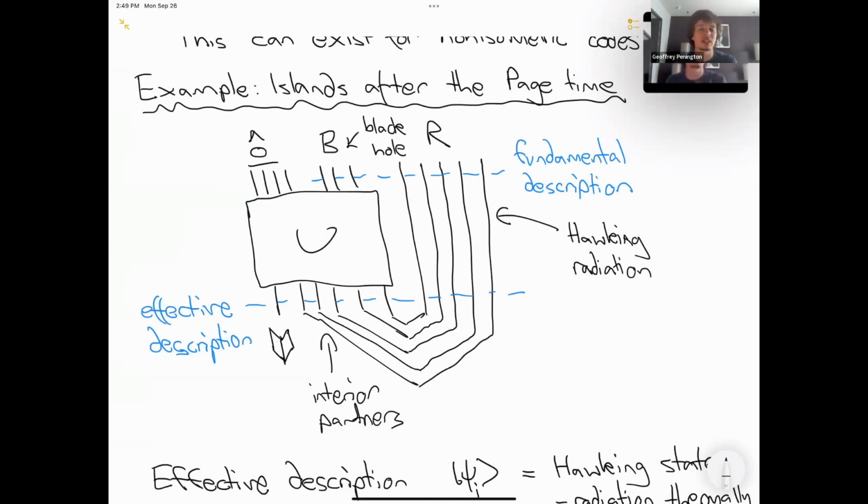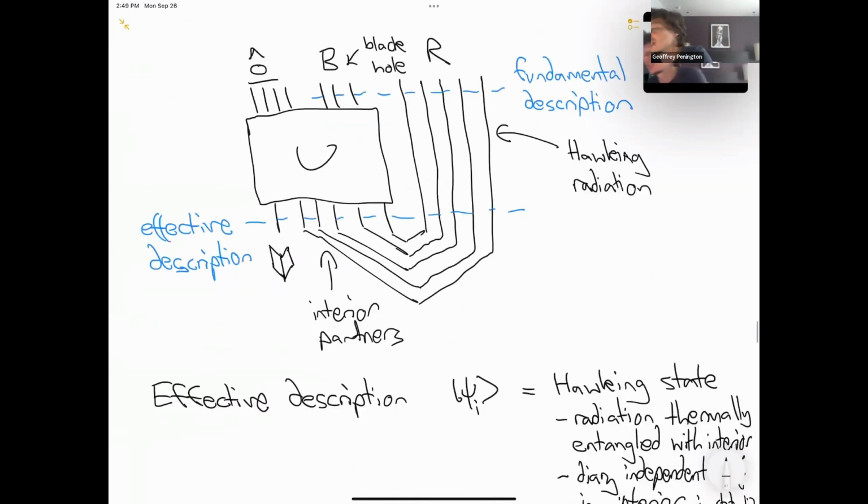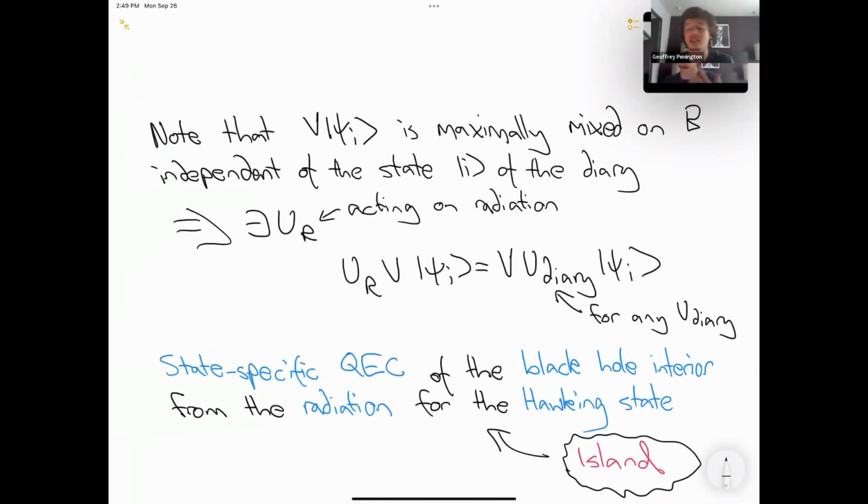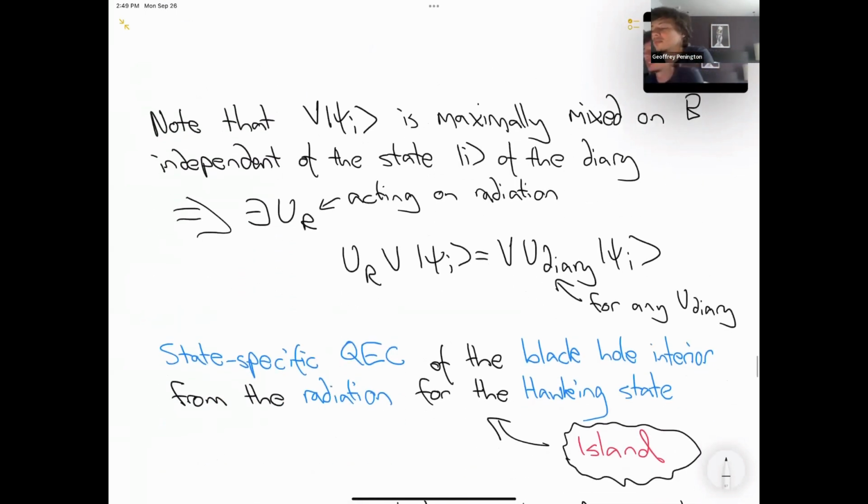But you can't think of it as just an operator on the radiation in the effective theory, or the effective theory will break down on you. Okay, and the fact that V is not an isometry will come back to bite you, and you'll get wrong answers. Okay, so that's an example of the things that this non-isometric V is costing.